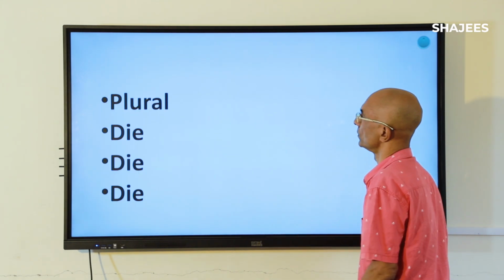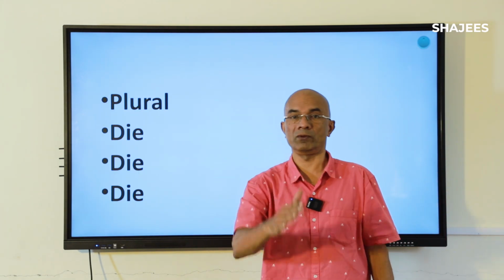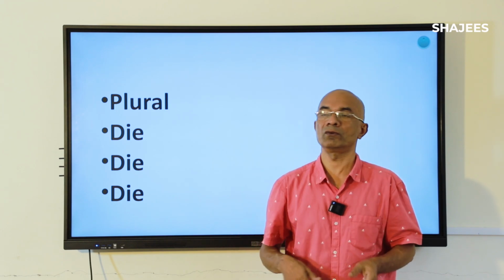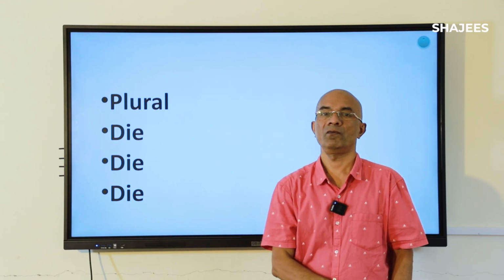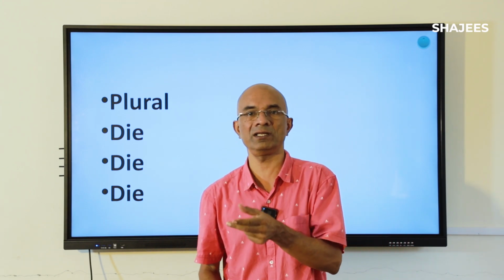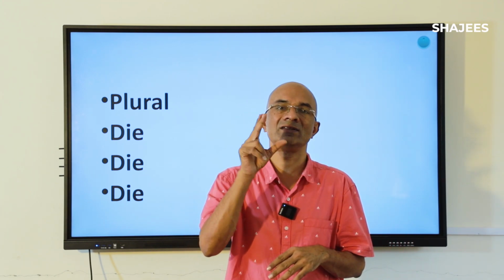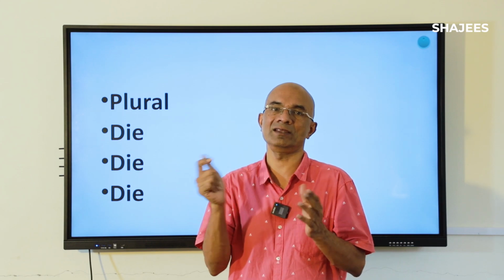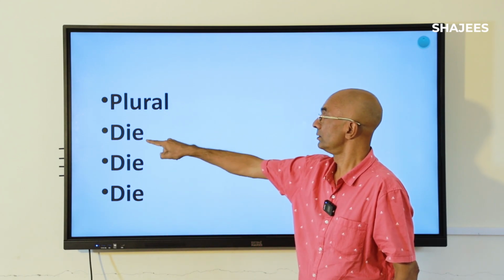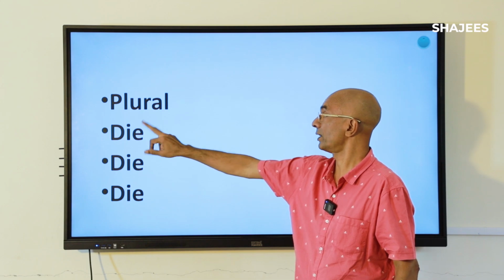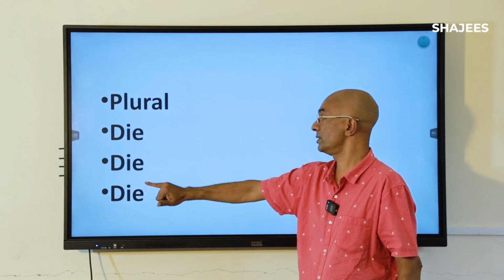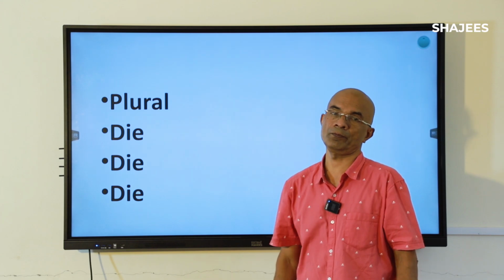Then plural. We have got plural. Plural is the same for all three. We have die, whether it is neutrum, masculine or feminine, we always have die, D-I-E. Not an R, but an A. For masculine also die, feminine also die, neutrum also die.